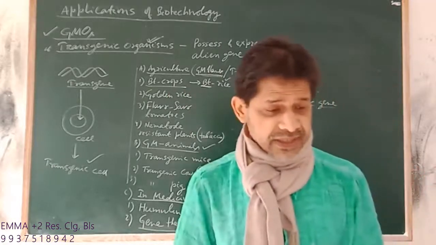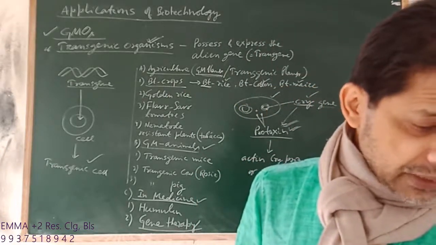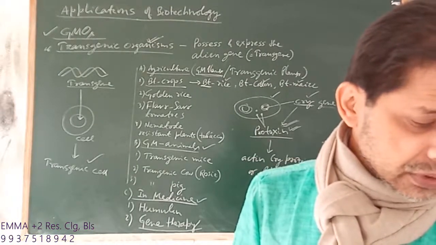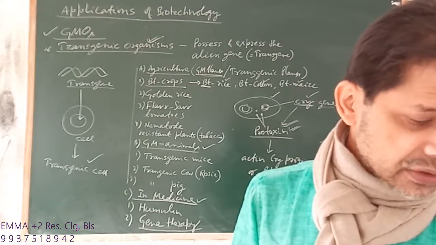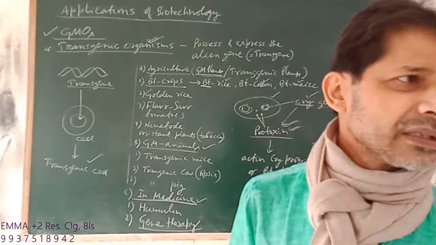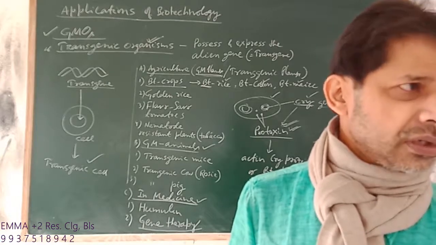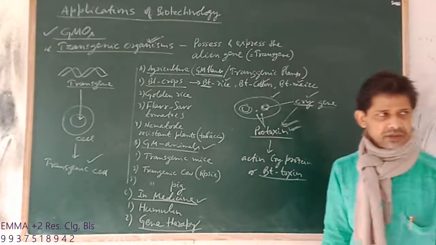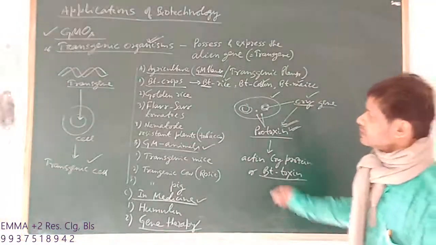Which type of insects? Bt crops are protected from insects like Lepidopterans, Coleopterans, Dipterans. Such type of insect orders will be prevented. Clear? Now, golden rice.